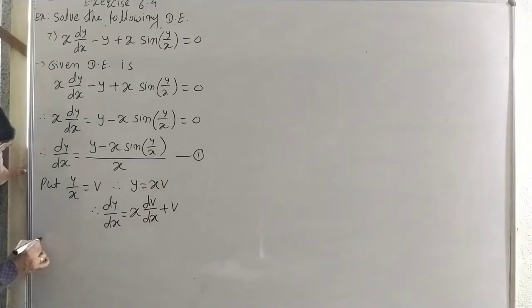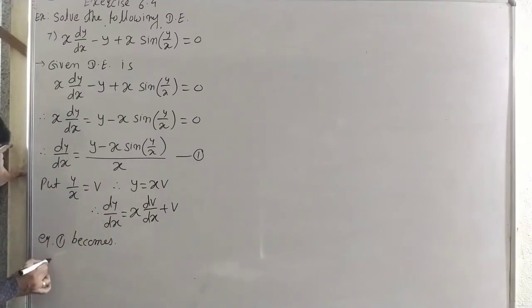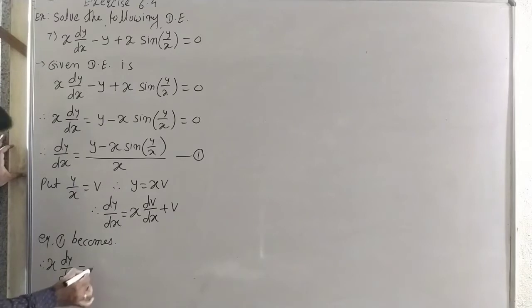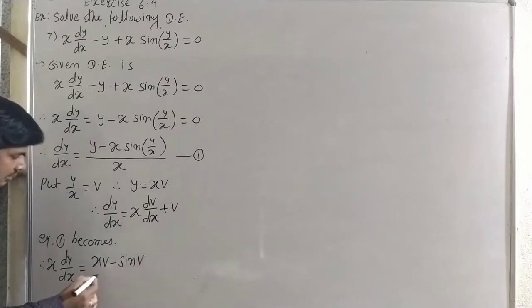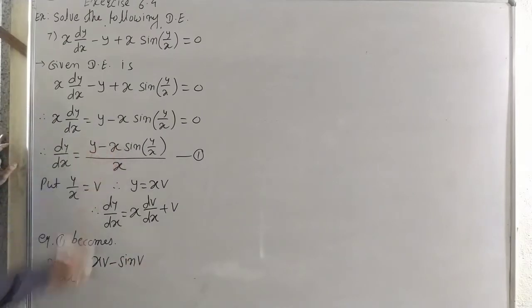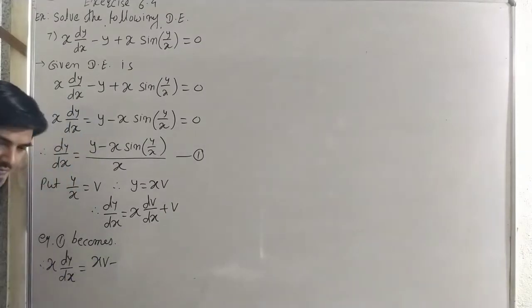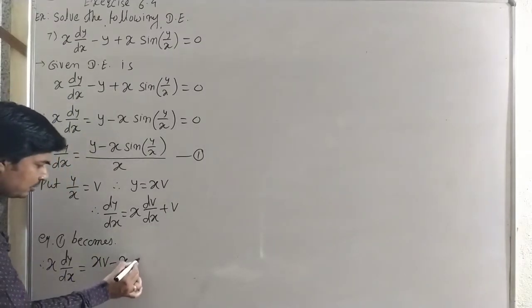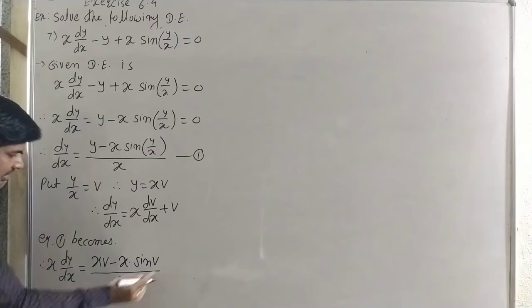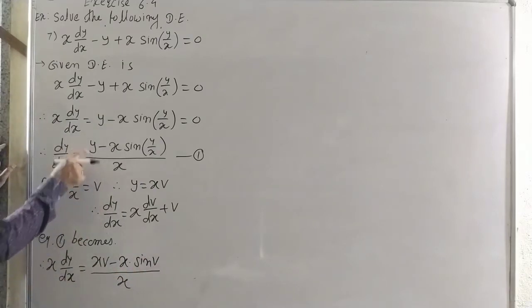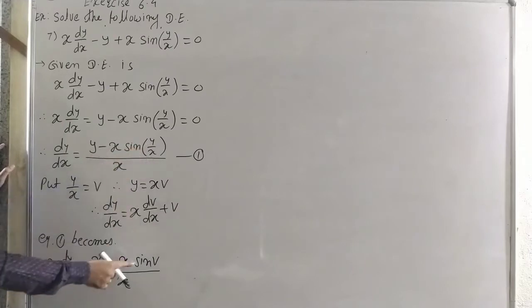Therefore equation 1 becomes: dy by dx is equal to y upon x, that is x v, minus x into sin of y by x, which is v, upon x.